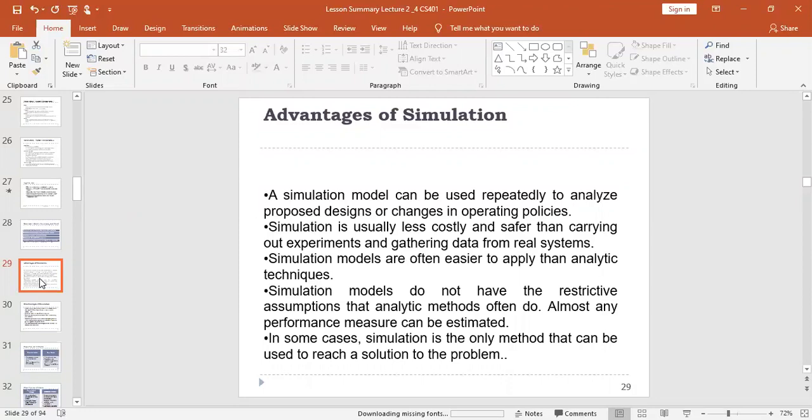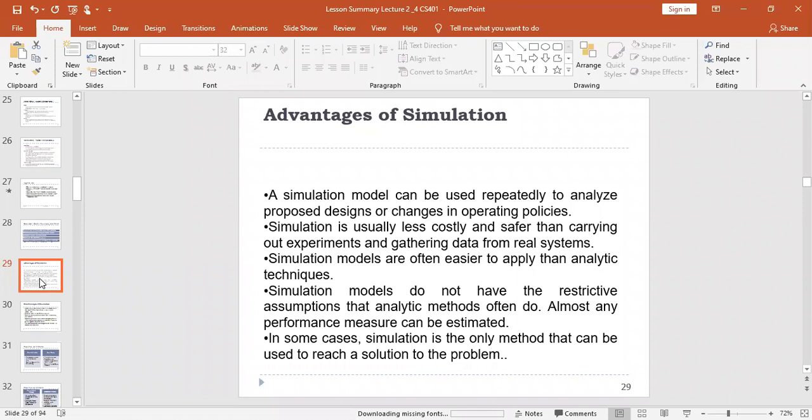Rather than just using analytic techniques, by which we mean solving them manually, maybe using a calculus method to find a solution to the system. It will only give you the answer without telling you the real life, or let me say real time, behavior of the system.